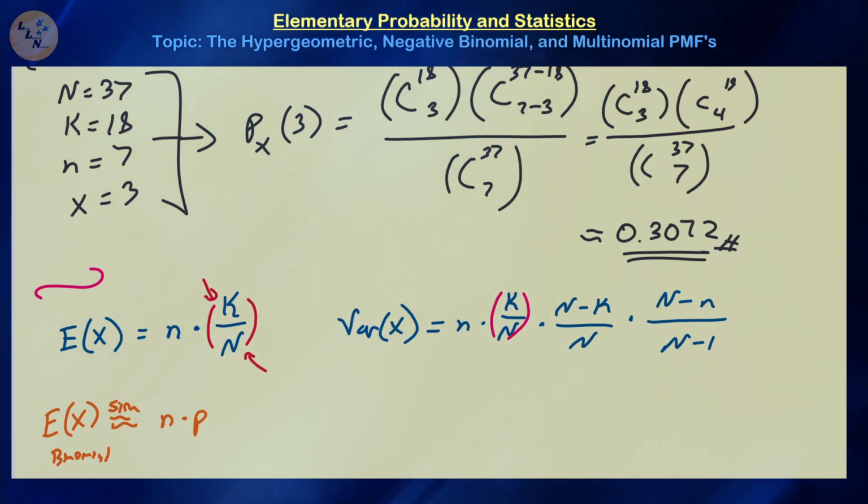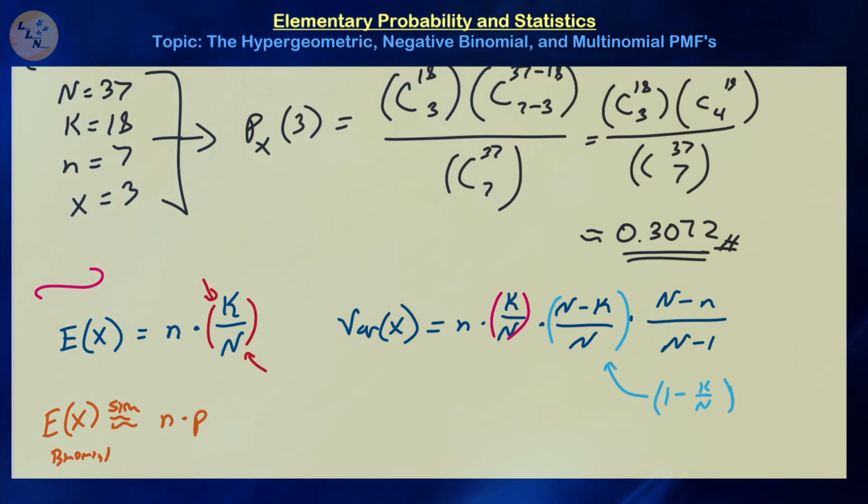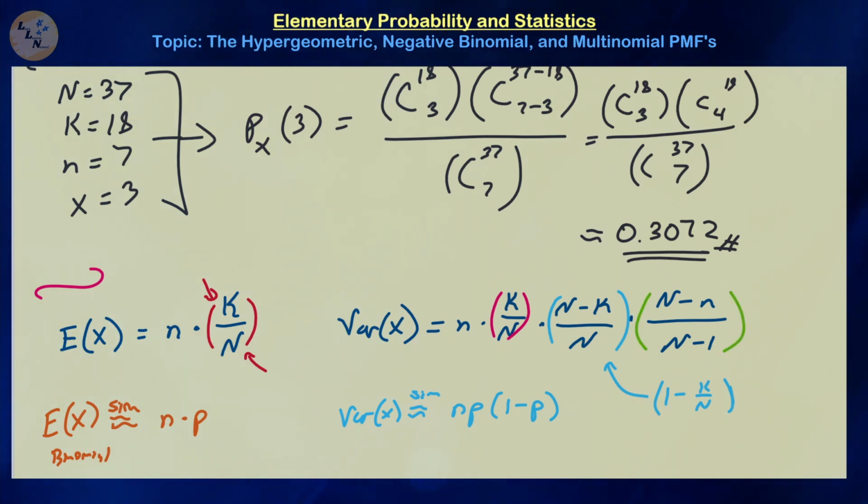If you look at this next term in a slightly different way, that's the same as 1 minus K over N if you divide capital N into each of those terms. So if K over N is the probability of success, that means 1 minus K over N is the probability of failure. So this formula for the variance of X is similar to that of np(1 minus p) from the binomial distribution. And of course one may ask, well, what is this thing at the end, this N minus 1?